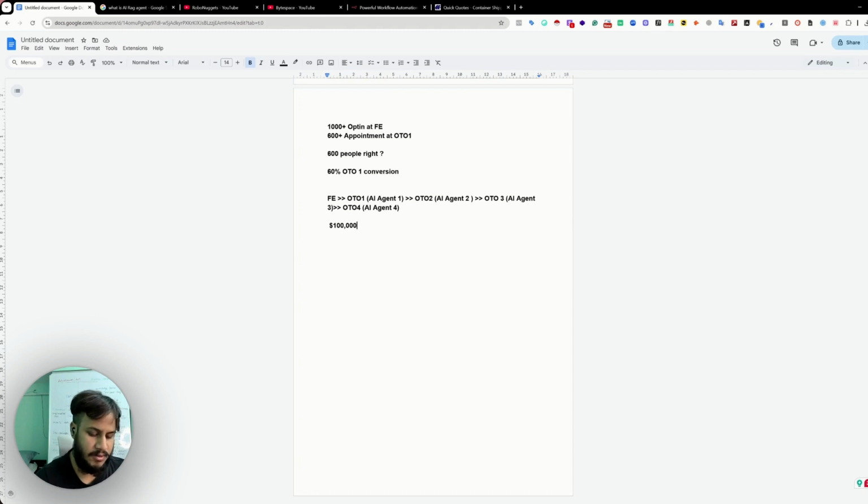So if it is the toughest time of running ads and I'm getting $1 per click, not sale, not add to cart, nothing like that, but $1 per click.